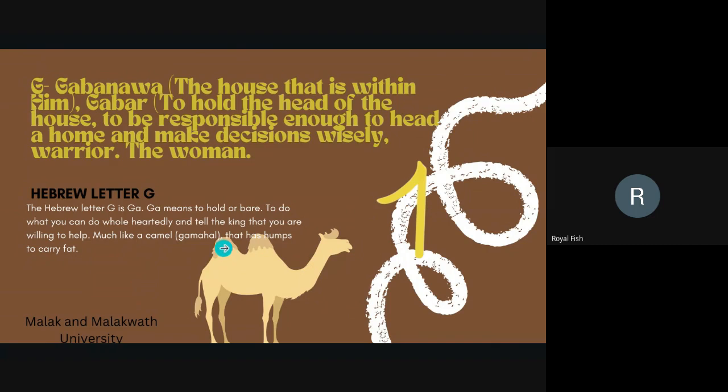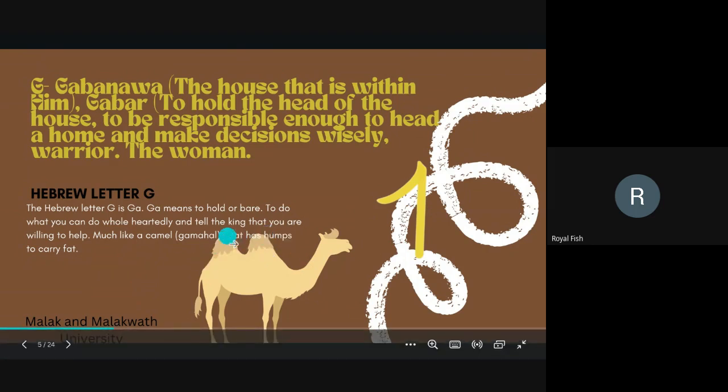I know it has to do with the camel because the camel can hold or bear. When the camel is carrying people, they are also carrying a bunch of fat within these little parts on their body. So it's often represented as a camel because of that.